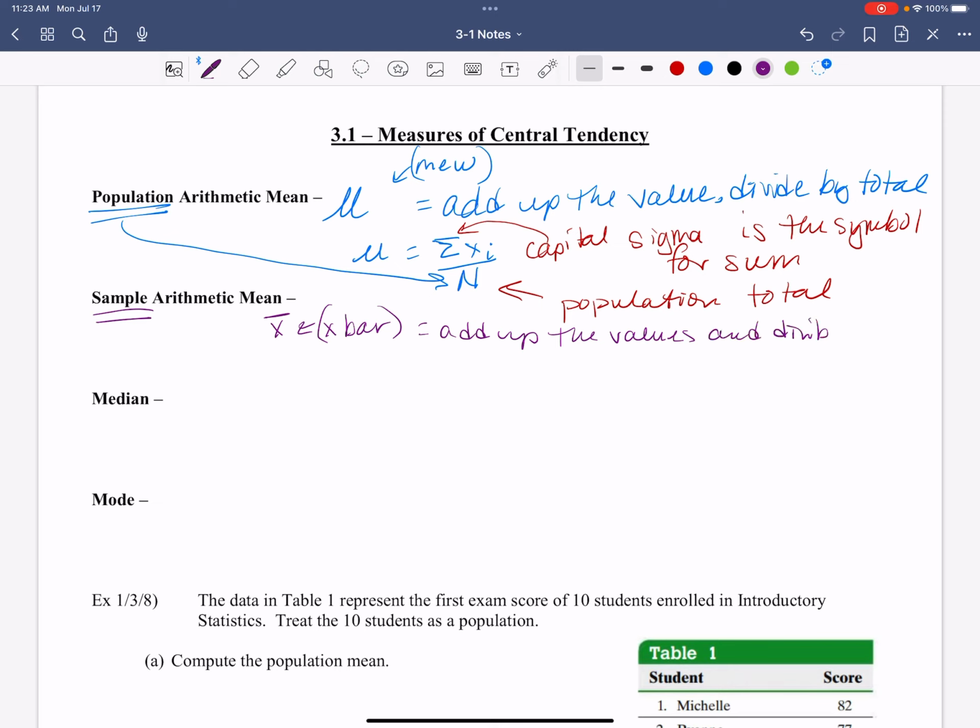So X bar here is going to be, again, I'm summing up all of my data values, but I'm going to divide by lowercase n. Lowercase n is my sample total.